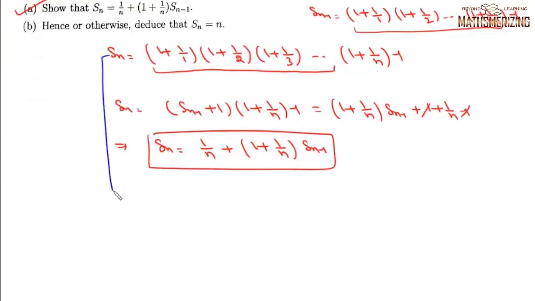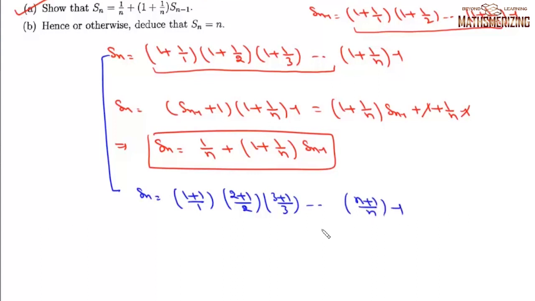Now again if we consider this Sn, it is 1 plus 1 upon 1, next is 2 plus 1 upon 2, 3 plus 1 upon 3, and it will go all the way up to n plus 1 upon n minus 1.